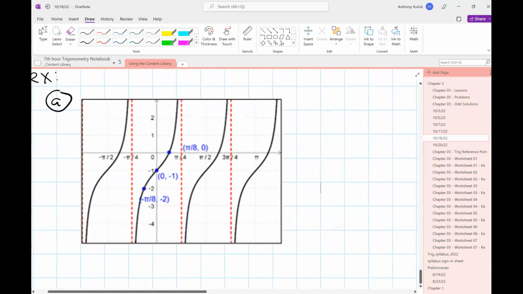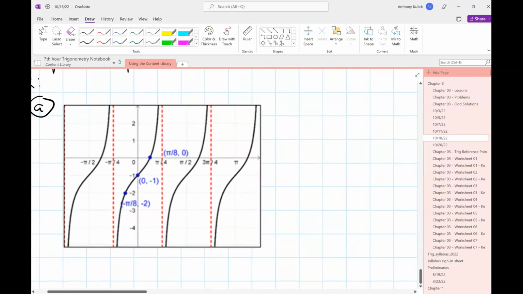All right. So the approach I'm going to take here is going to be very similar to the same approach that I took when we did this for sine and cosine functions.